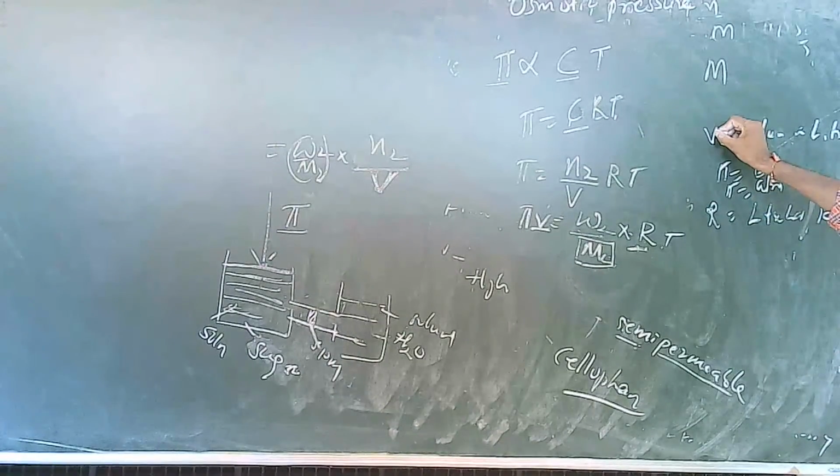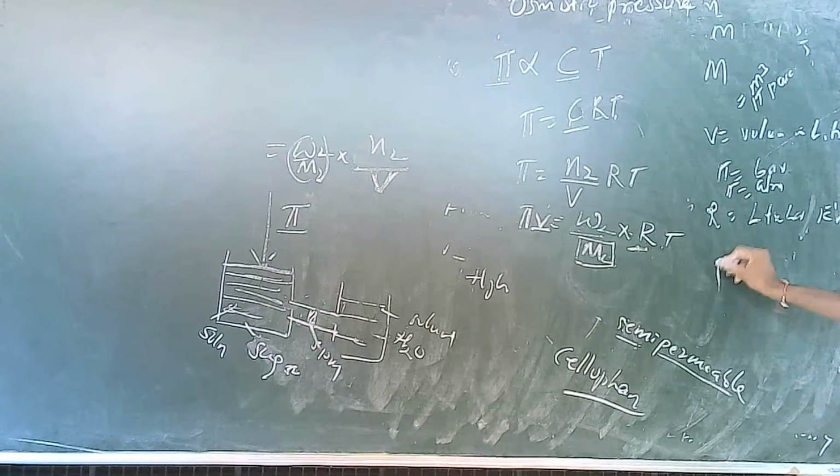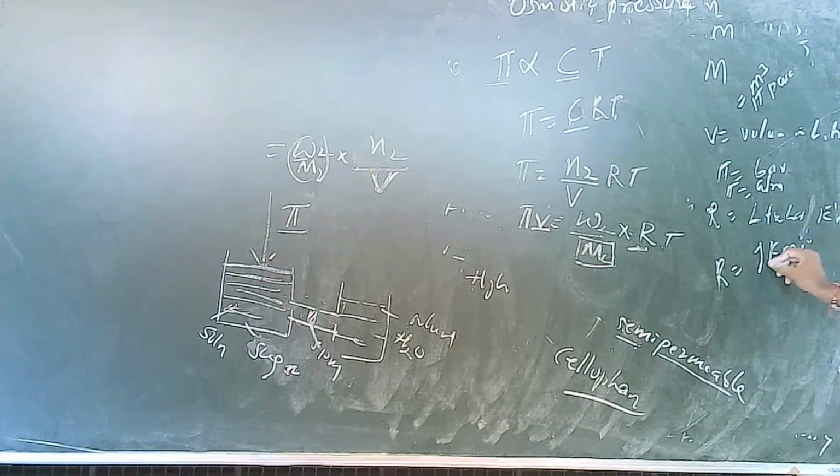So if V is in meter cube and pi is in Pascal, what is the unit of R? R should be joule per Kelvin per mole.